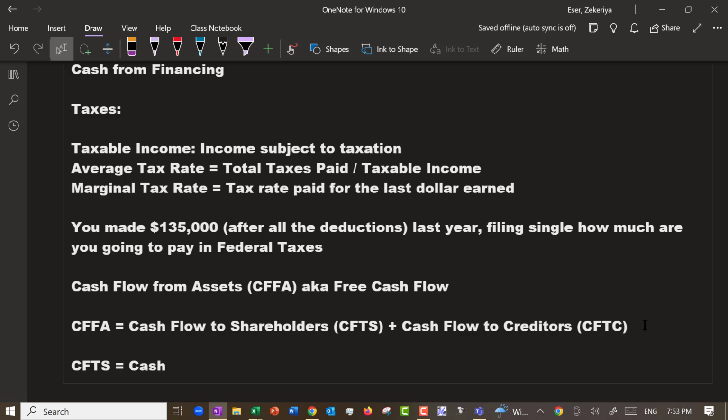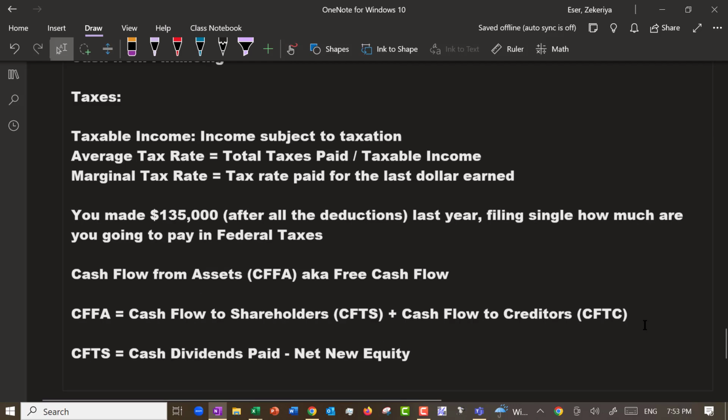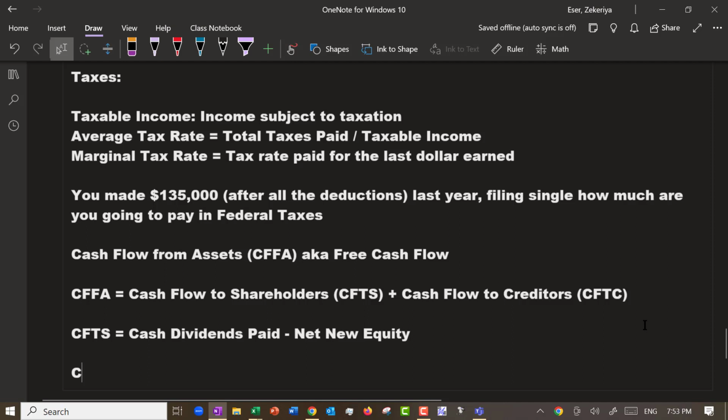Cash dividends paid plus minus net new equity. Cash flow to creditors, interest payments expense, minus net new borrowing.